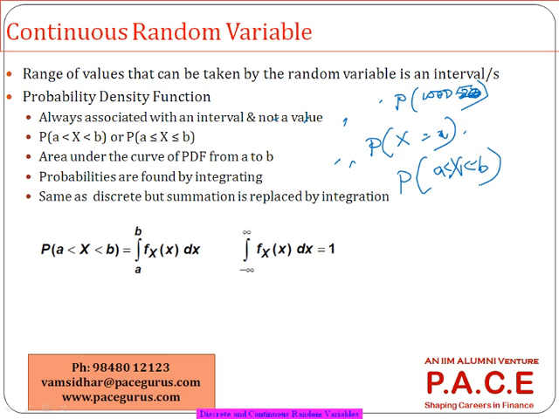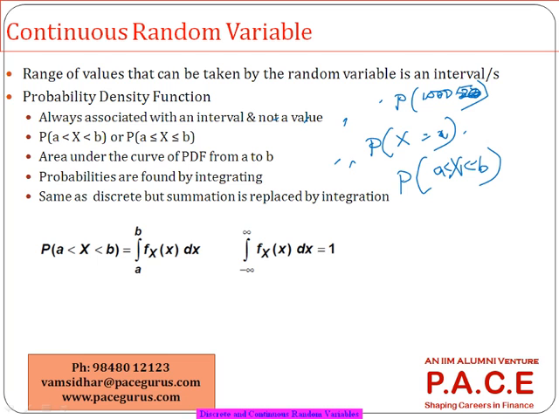Only for a range can I talk about it. So the probability that the claim amount lies between 1000 and 2000. I will not say the probability of getting 1000 rupees 50 paisa.